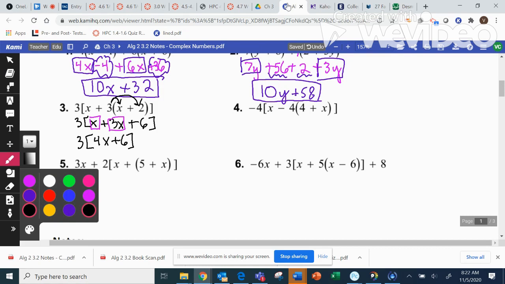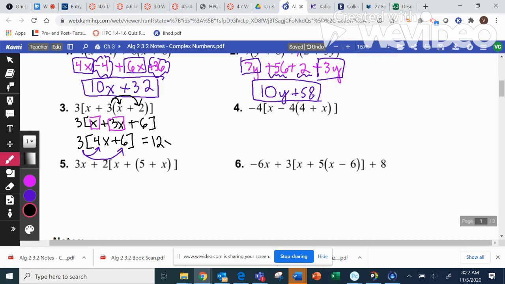And bracket is the same thing as a parenthesis. So now I'm going to distribute my 3 into that bracket. And I'm going to get 12x plus 18. I cannot add those together because they are not like terms. That'll be as far as I can go.